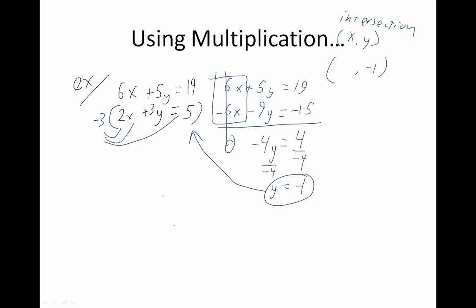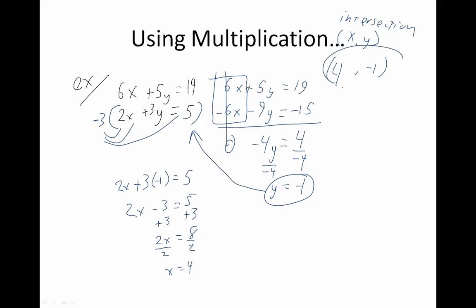Doesn't matter which one. I'm going to go ahead and plug it into the bottom one. 2x plus 3 times -1 equals 5. And then I simply solve this equation. No changes from the way that we do this, same way that we've been doing it for months. And get the x by itself, and x is 4.